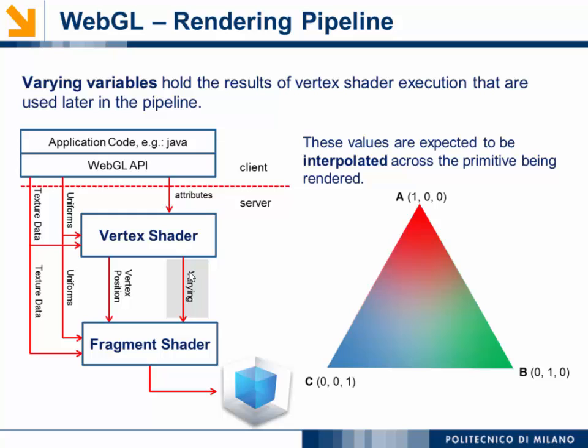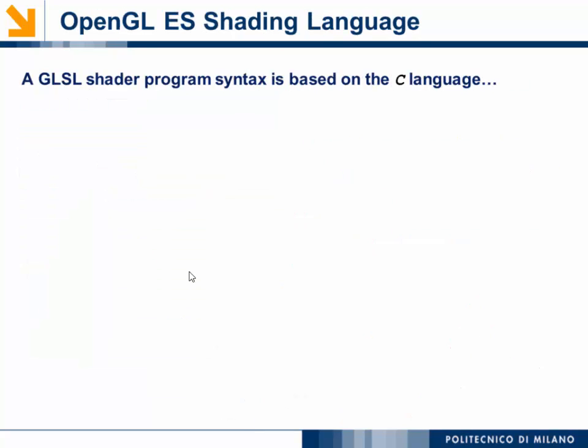Okay, that's more or less just to give you a broad picture of what we are going to do now, what we are going to program. Specifically, a GLSL shader program is just a C-like program.